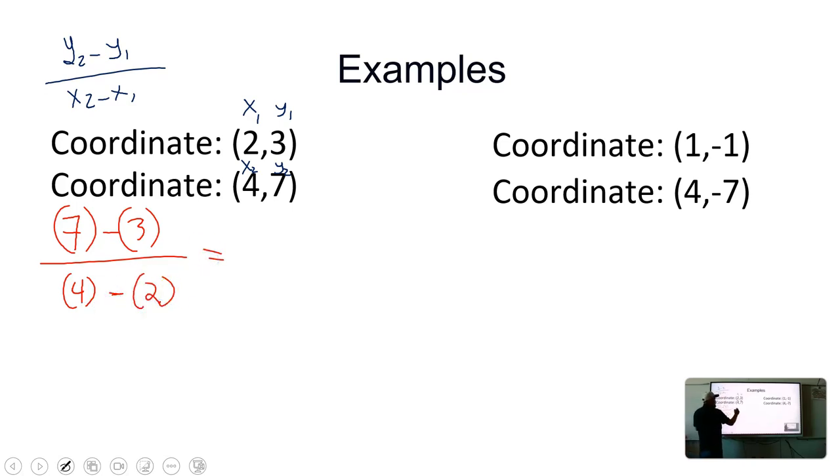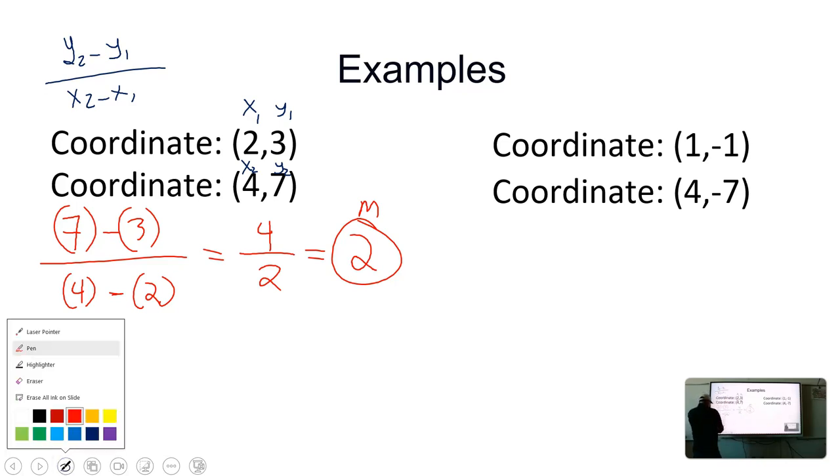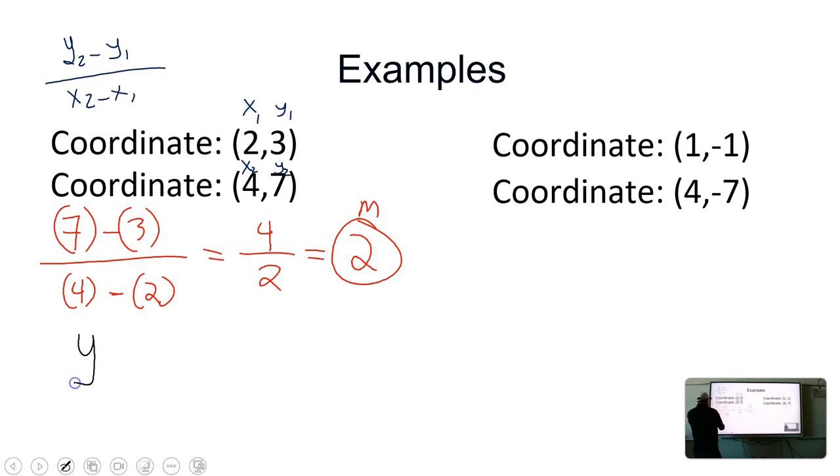So 7 minus 3 is 4. 4 minus 2 is 2. And 4 divided by 2 is 2. So there's my slope. Okay, so let's just go with our first coordinate, and let's put it into our point slope form. So we're going to do y. I'm just going to use this coordinate right here.